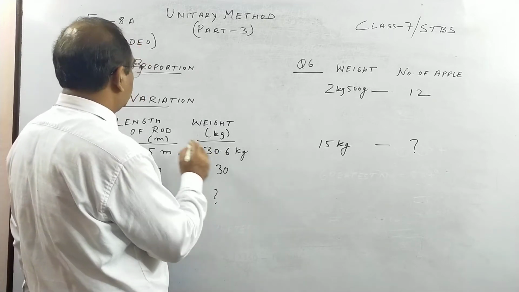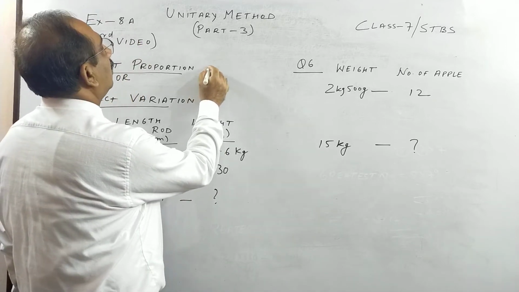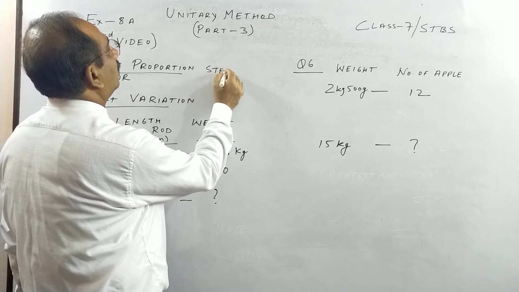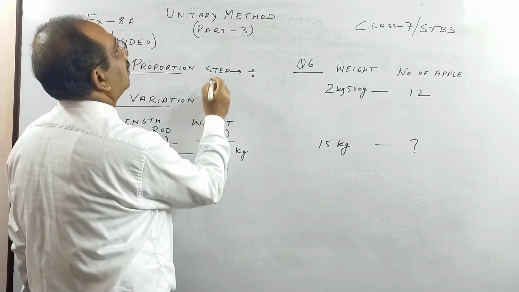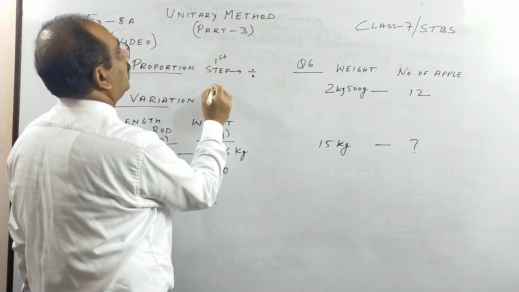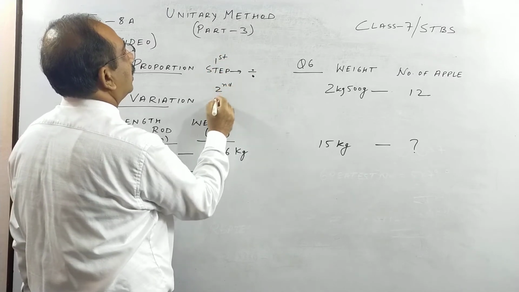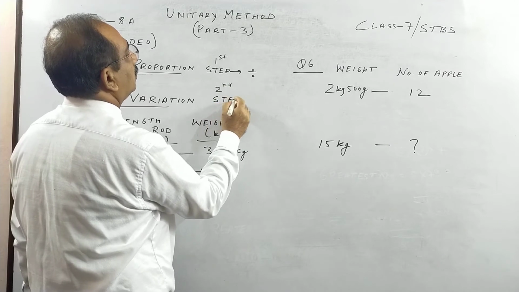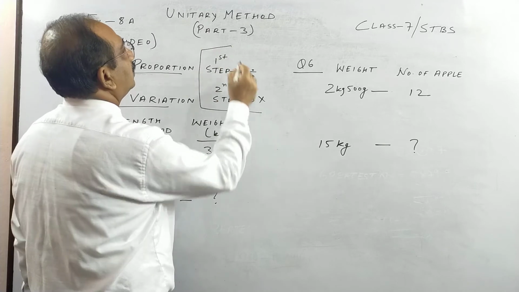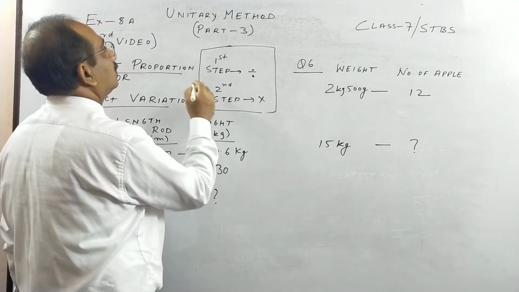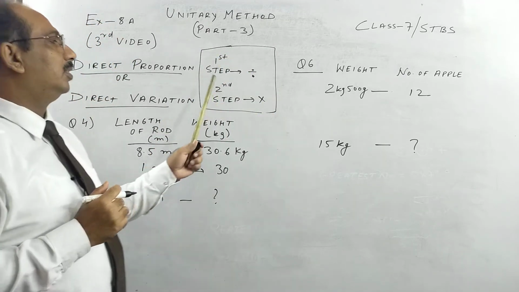So I told you in direct variation, if you remember my previous discussion, first step we divide, and second step, children, we multiply, which is just the opposite in case of inverse variation.